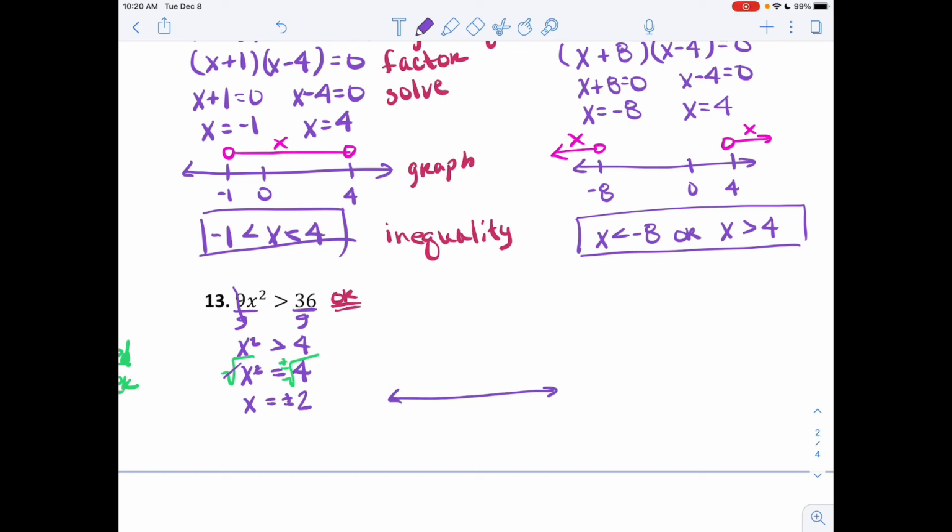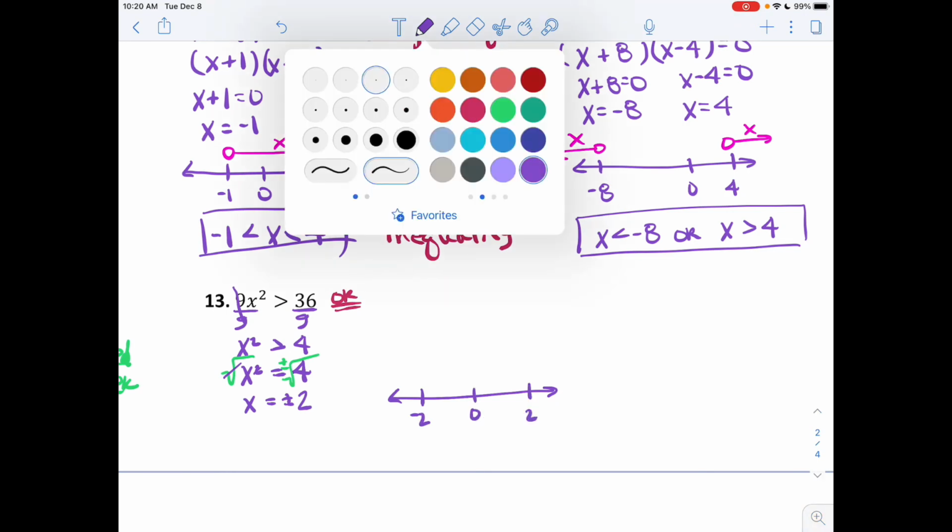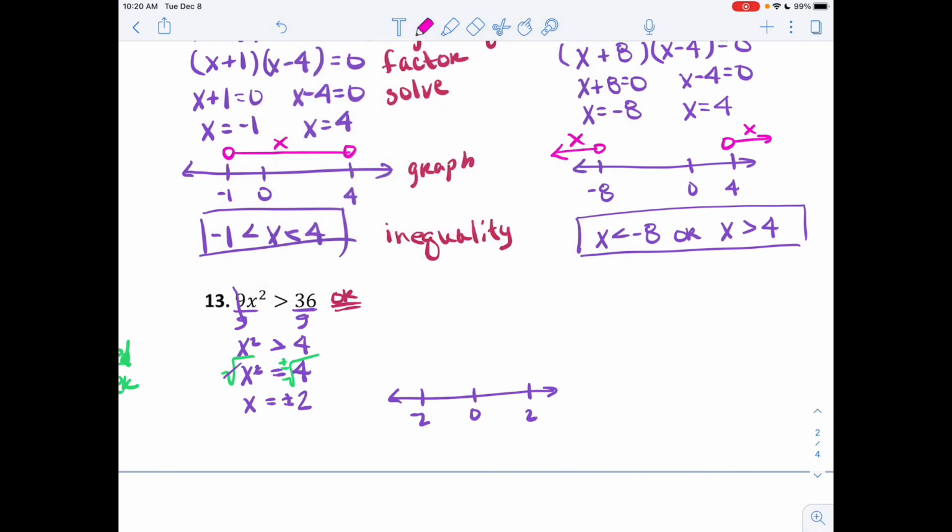I can plot them on a graph. Negative 2, 0 would be in between, and a 2. I would go ahead and put dots at those critical points. Notice that we have a greater than symbol, so the dots stay open. If I had had an or equal to part here, then I would close up the dots. But because I don't have that, it's open dots.